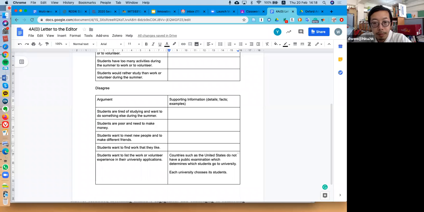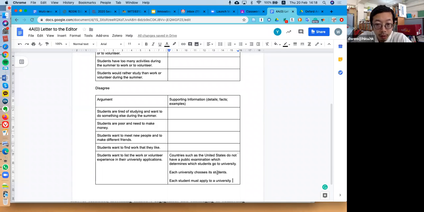Okay. Each student must apply to a university. So you can apply to 100 universities or 50 or 10 or 5 or 1 or none. It's up to you.